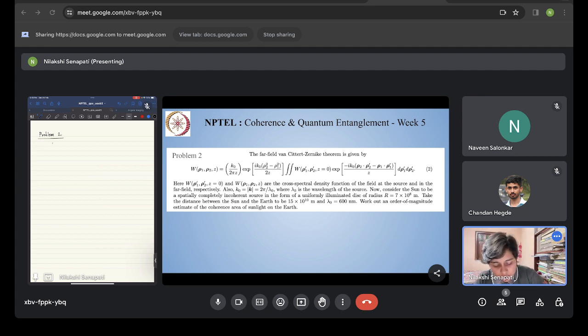So we can write W(rho1, rho2, z) equal to A delta(rho1' minus rho2'). This is in the source plane, and this is in the earth plane, after propagating a while, the far field.